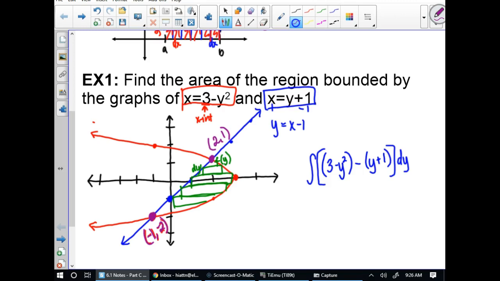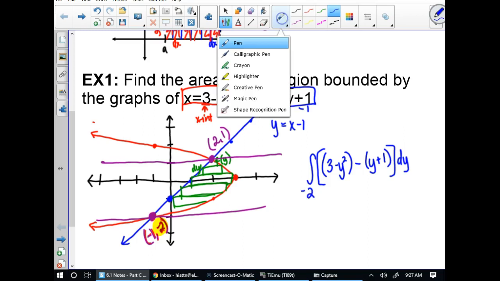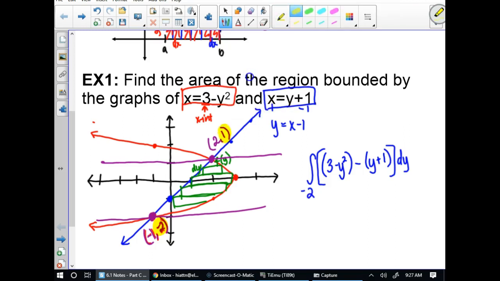So when we're doing limits of integration here, we're thinking everything is horizontal. So for the lowest point, we use the y-coordinates, not the x-coordinates. The y-coordinate there is negative 2. So we will integrate from negative 2 up to the highest y-coordinate, which is positive 1.